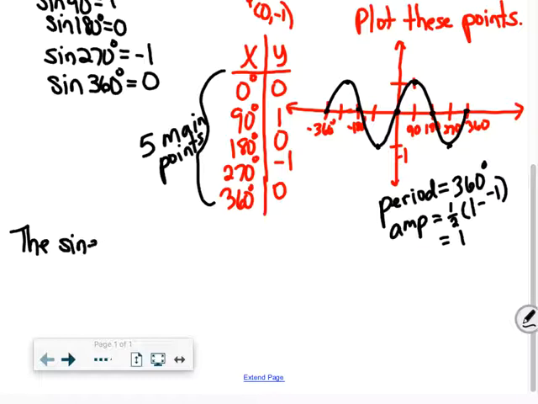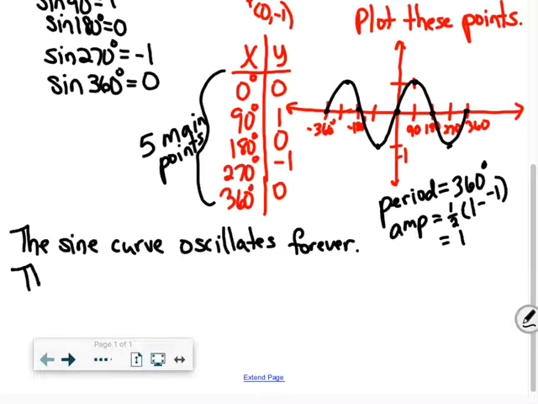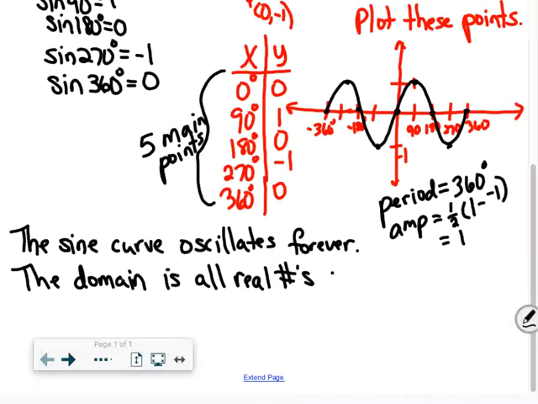So the sine curve oscillates forever, which means the domain is all real numbers, or -infinity to infinity.